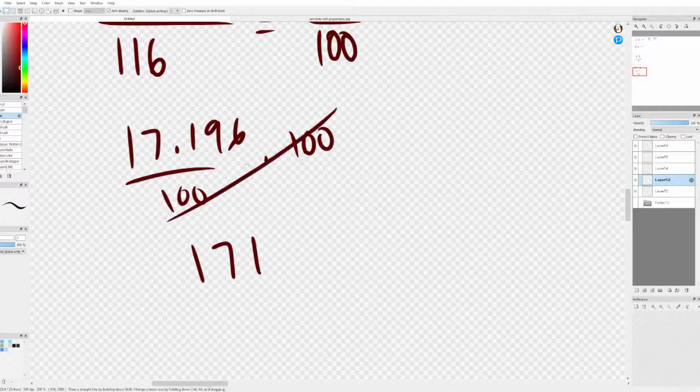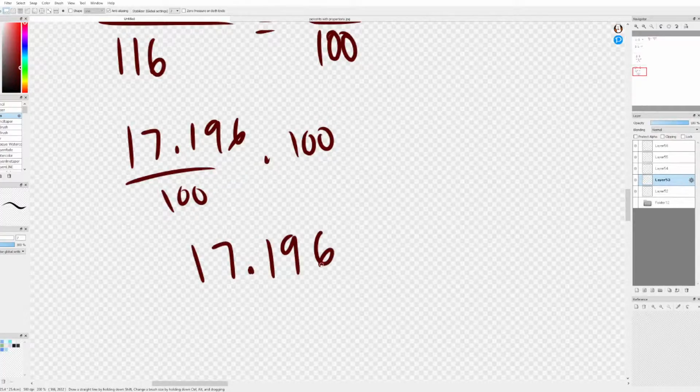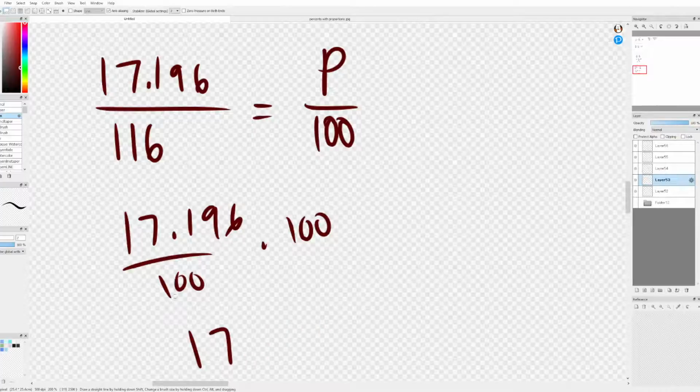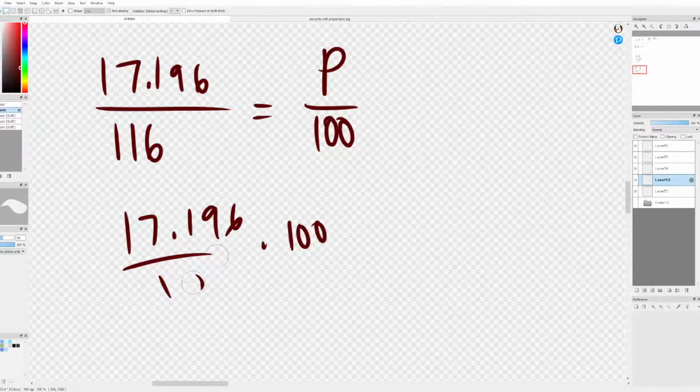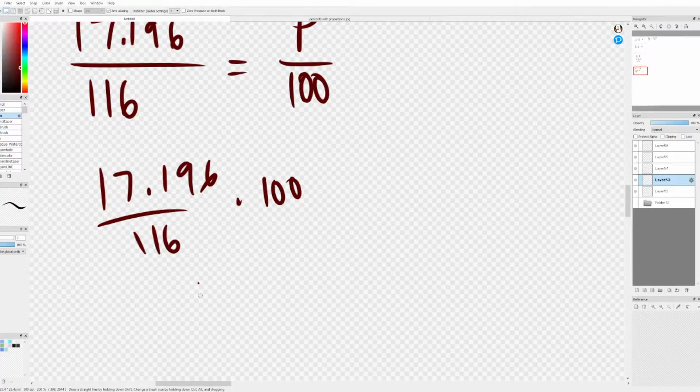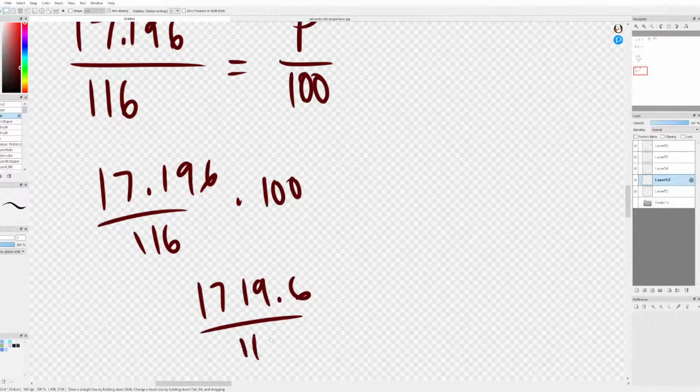We can just cross out the hundreds. Oh, I had 100 on the bottom instead of 116. That was my bad. So it's going to be 1719.6 over 116, which is going to give you, let me plug this into my little calculator.